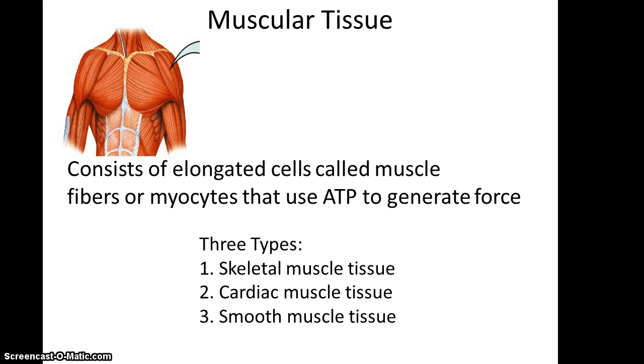The three main types of muscle tissue are skeletal muscle tissue, such as seen in the picture on this slide, that lets us move the bones of our body; cardiac muscle tissue, which causes the heart to pump; and smooth muscle tissue, which is located in places like hollow organs, such as our esophagus, stomach and intestines, and also in things like blood vessels.